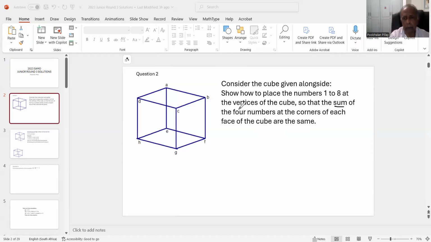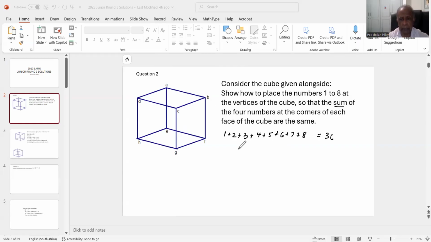Okay, now you've got the numbers going from 1 to 8. So let's just first add all these numbers to get some sense as to how to proceed from here. When you add these, you get 36. All right, so the 8 numbers add up to 36, but each face has the same sum.